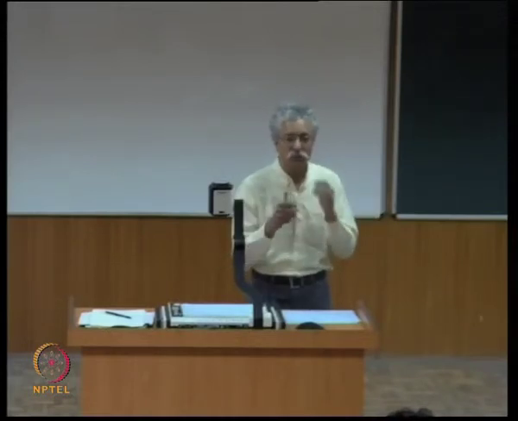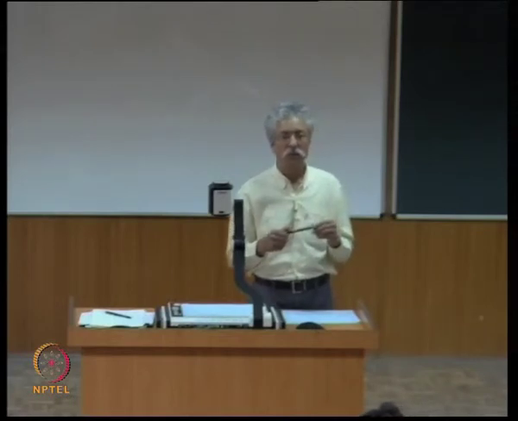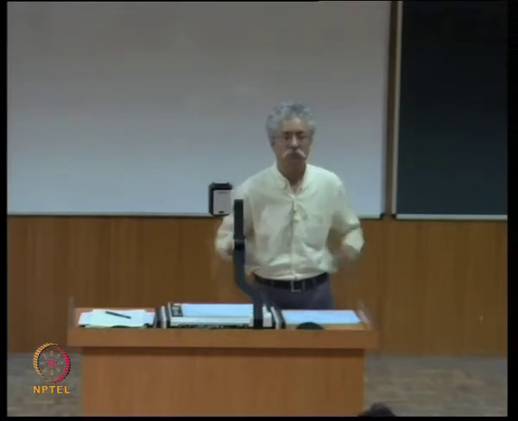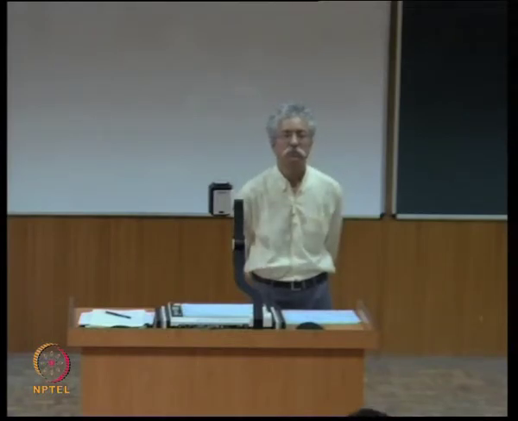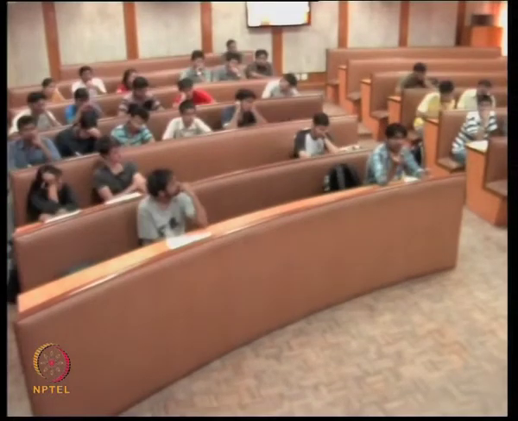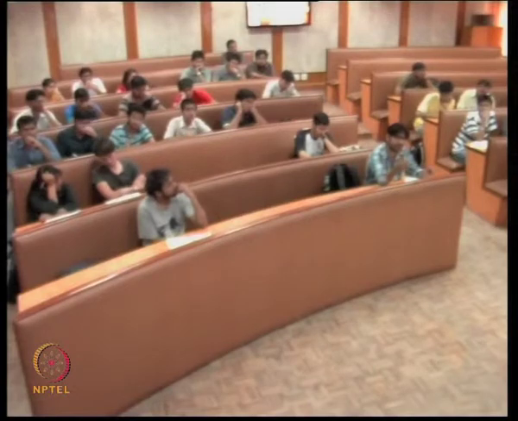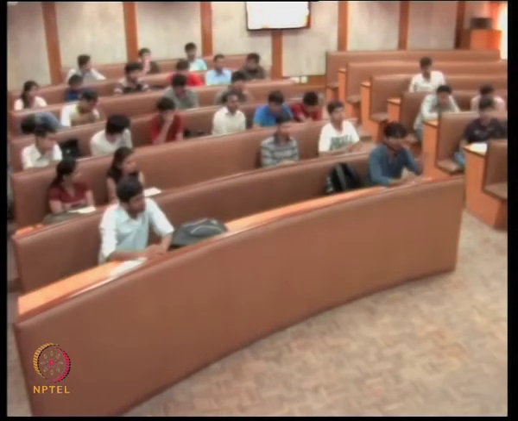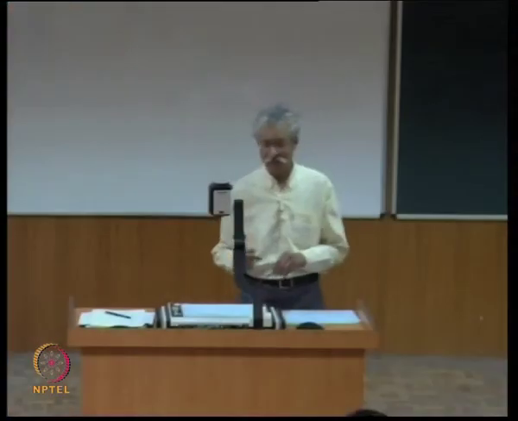Yes, Mohit. Sir, in this particular ket n state, we have an energy which is n plus half h cross omega, and the expectation value of this is 0. This energy, if we measure the expectation value, it comes out to be 0? No. Expectation value of energy, let me calculate.